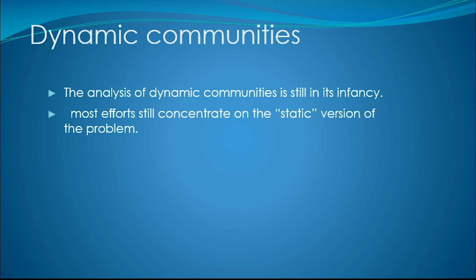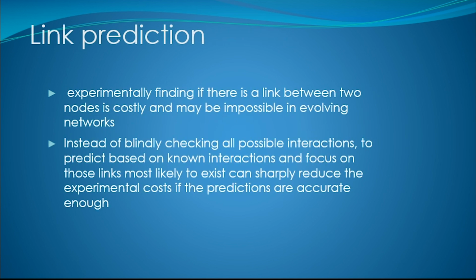they are using the static version only. Link prediction is finding if there is a link between two nodes, and if you have a 1 million node network, you cannot check every time if there is a link between any two nodes.